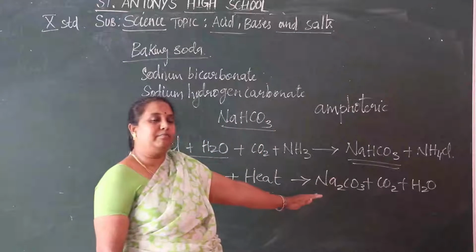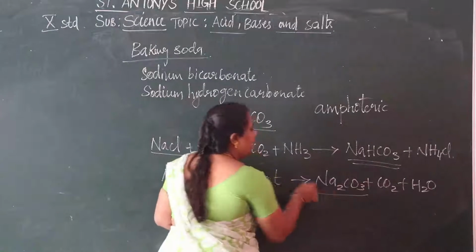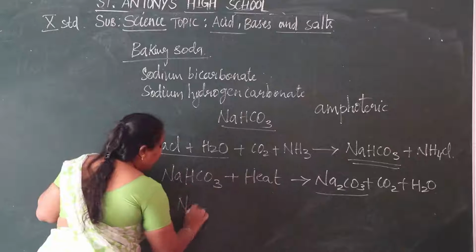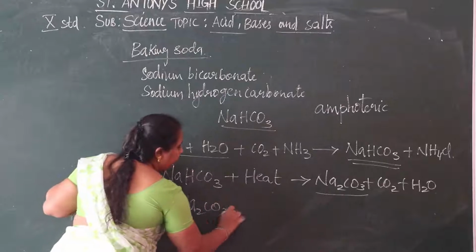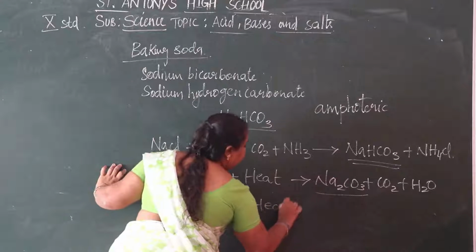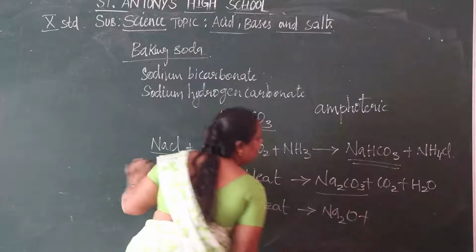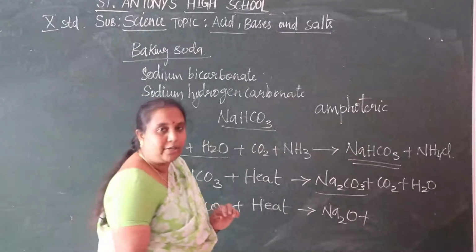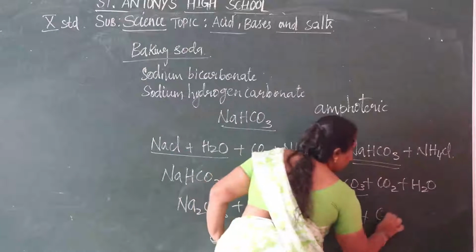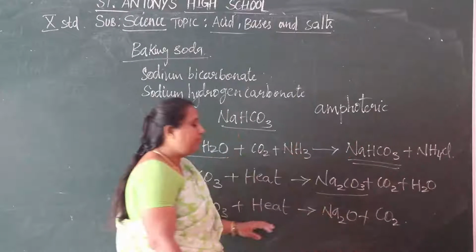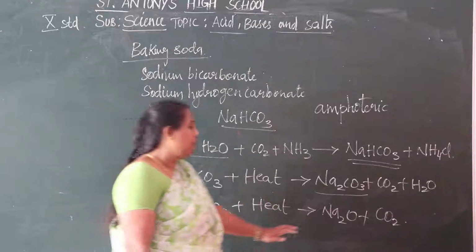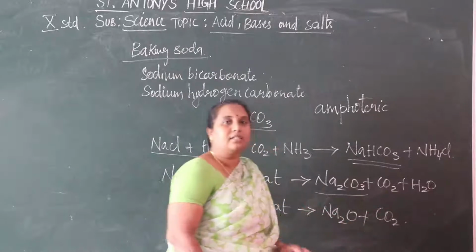Again, by the thermal effect on this sodium carbonate, Na2CO3, by heating we get sodium oxide, Na2O, plus carbon dioxide again, and we are left with anhydrous powders. There is no water content there.